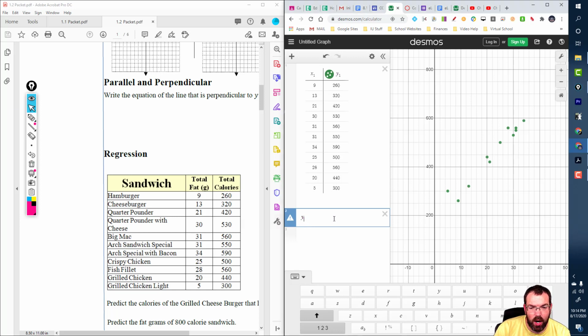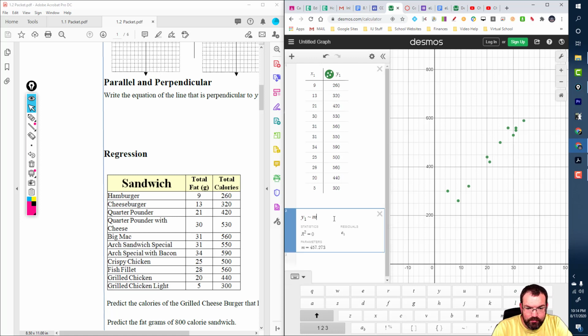All right, so y sub 1. Hit the right key. Now, you need to hit your tilde, which is shift and the key next to the 1. Then m, x, and I also need the same number, so x sub 1. So I'm going to hit that AB key again, x sub 1.